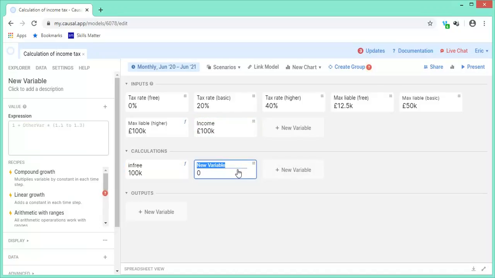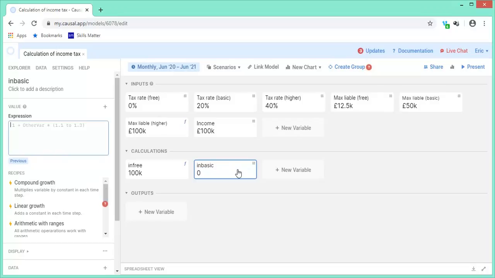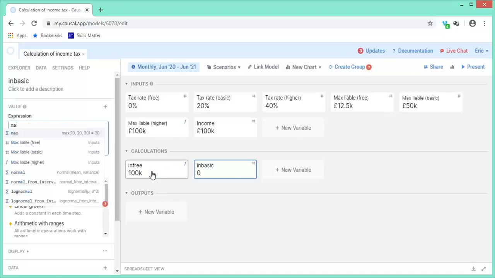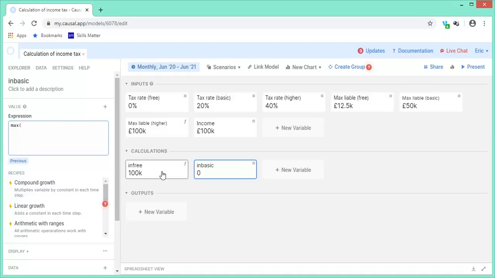Okay. Now then the next band that we're going to consider would be the basic band. So how much of the income will be considered for basic tax? Well, that's going to be the maximum of the amount of money that was submitted for the free band, take away the maximum that is liable for the free band.